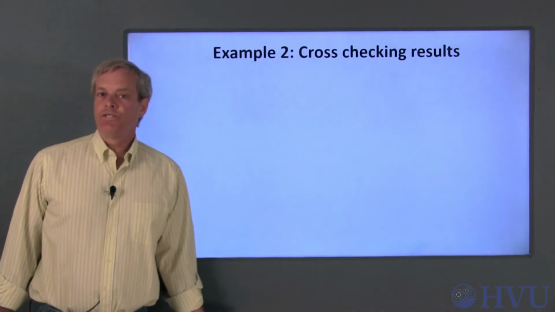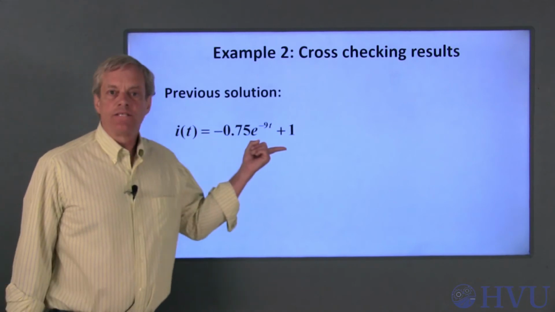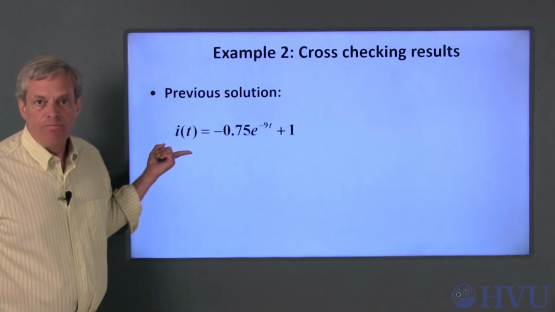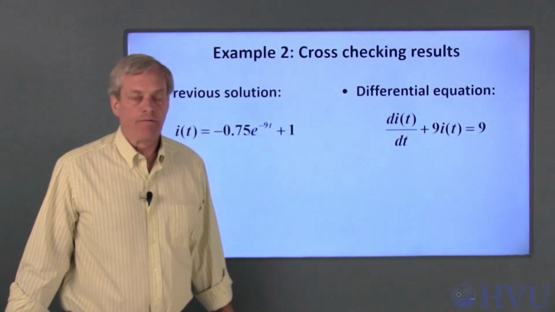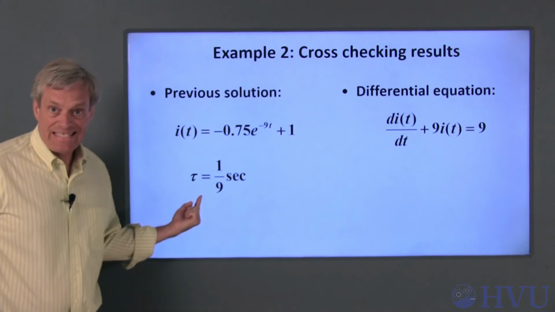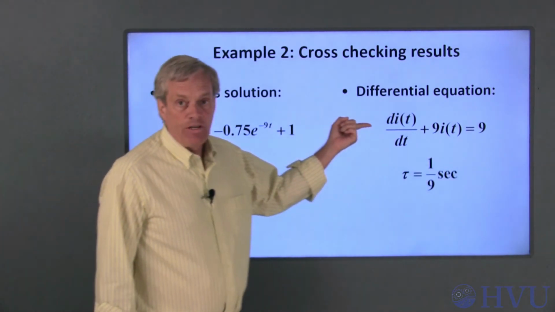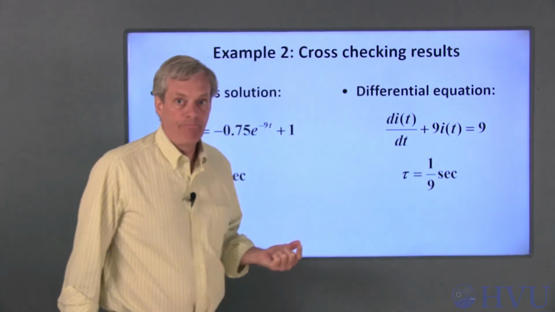Now let's use the differential equation to cross-check our original results. This was the response that we calculated in the previous video. This is the differential equation we just determined for the same circuit. From this response, the time constant is 1 over 9 seconds. From the differential equation, the time constant is also 1 over 9 seconds.